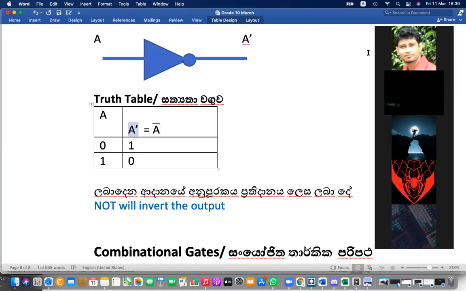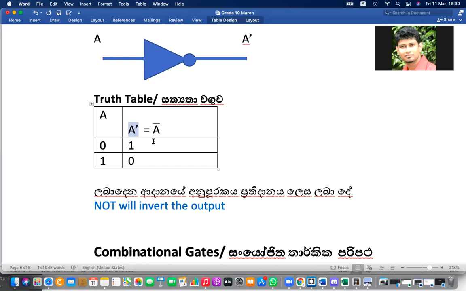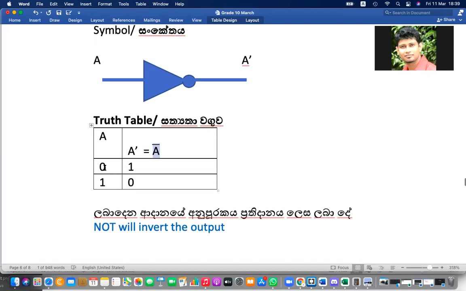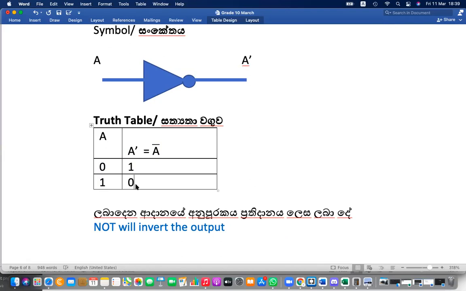This is the same complement sign. Here, A not. So one of these. It will simply invert. If 0 is there, it will be inverted to 1, and if 1 is there, it will be inverted to 0. So that is the nature. It will be inverting, 0 to 1, 1 to 0. That is the nature of the NOT gate.